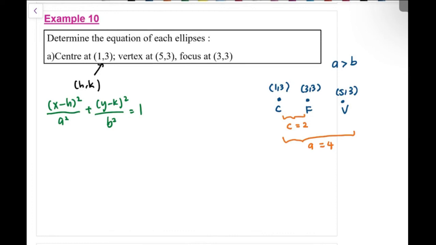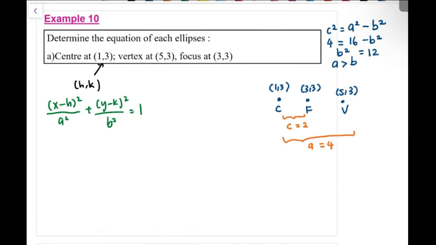Because from the formula, if A is greater than B, C squared is basically A squared minus B squared. So C squared in this case is 4, A squared is 16 minus B squared. So B squared in this case would be 12. Alright.